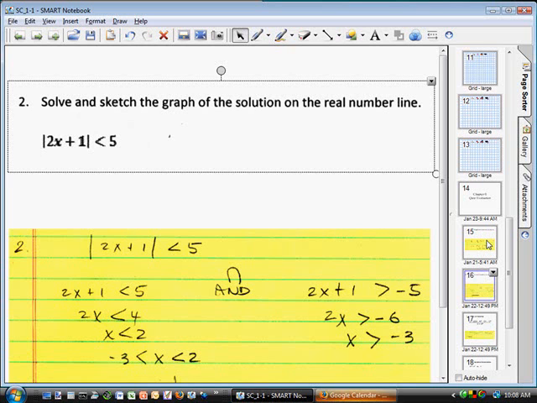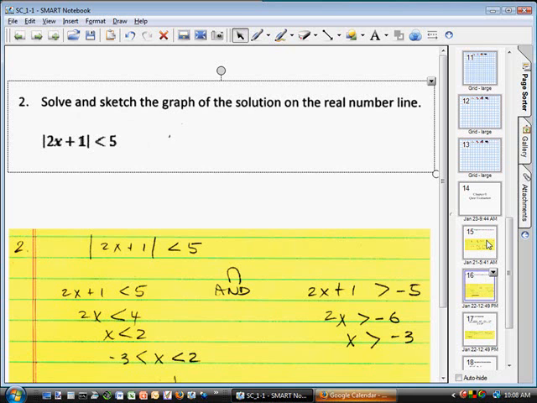The first part, just kind of ignore the absolute value signs, and on part 2, change the sign on the non-absolute value side. And with an inequality, that's the equivalent of multiplying both sides by a negative, and you have to reverse the inequality. So you notice here, I had to change this to a greater than.